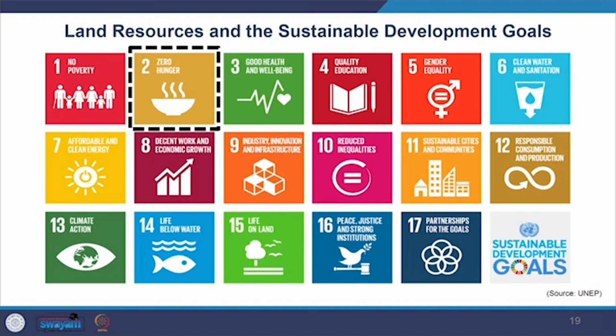So that's the target we are looking at, and the very specific target for this goal includes ensuring access to sufficient, healthy and nutritious food, especially for the most vulnerable groups. So in order to achieve this, it will be very important to work on land resources to improve the conditions, improve the status of land as a resource.